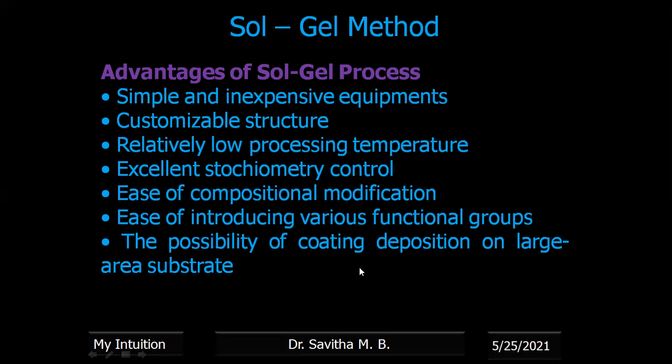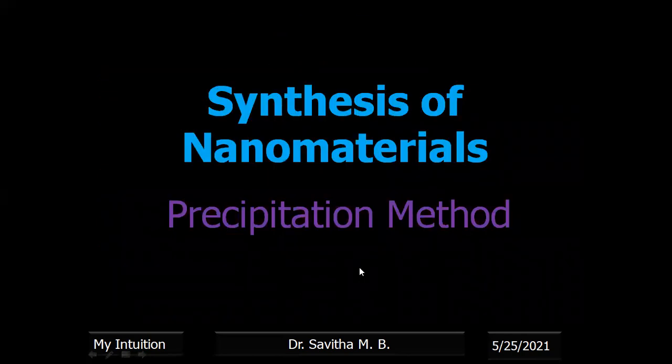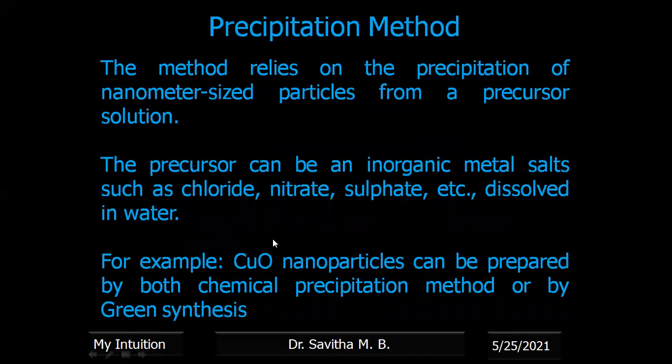Okay, next is the synthesis of nanomaterial by the precipitation method. The name itself tells, precipitation means you have to get it precipitated. This method relies on the precipitation of nanometer sized particles from a precursor solution.